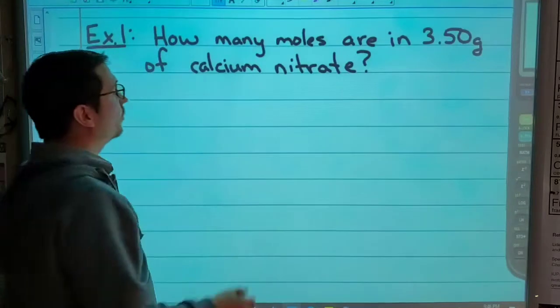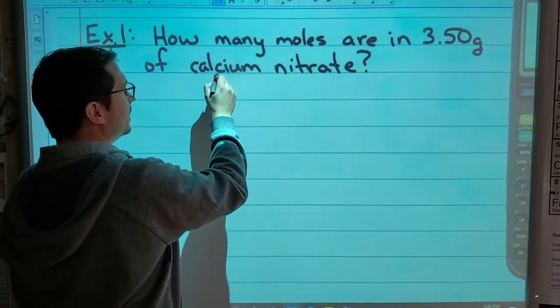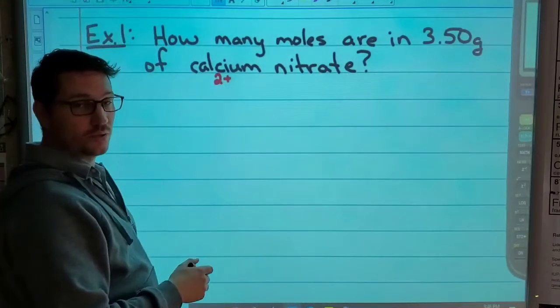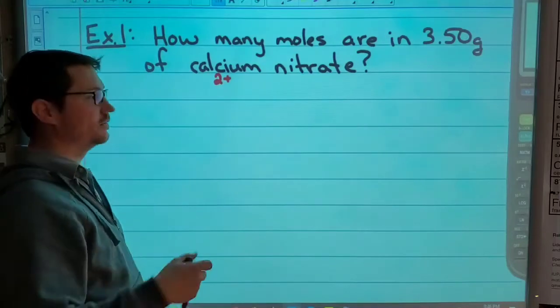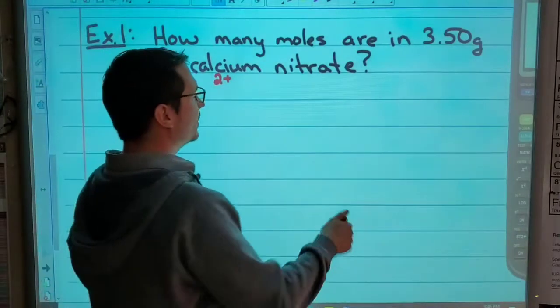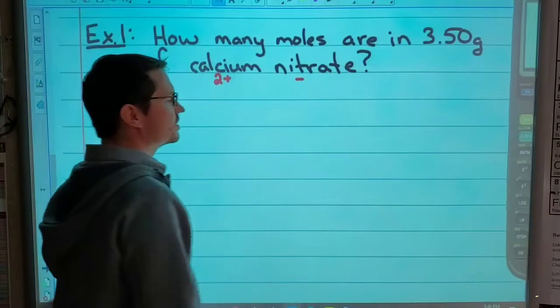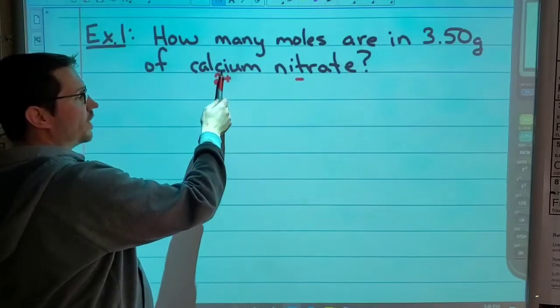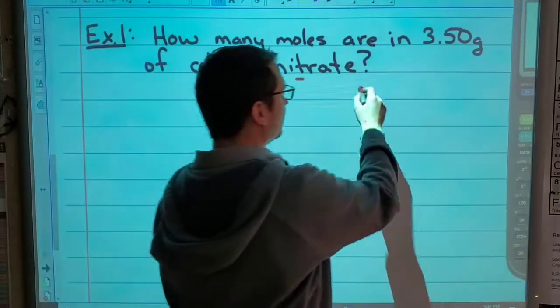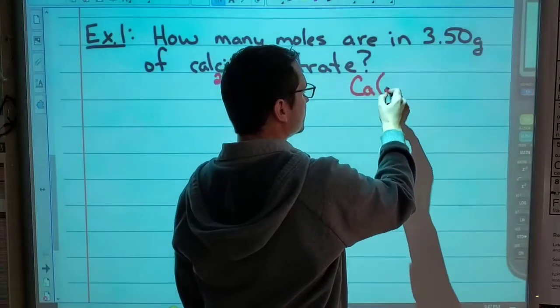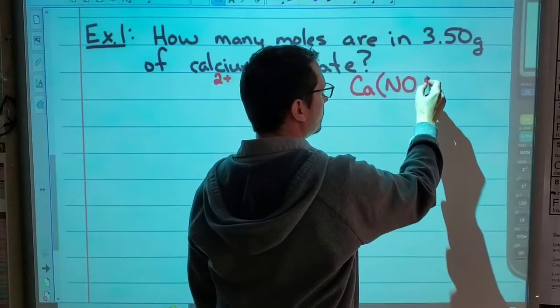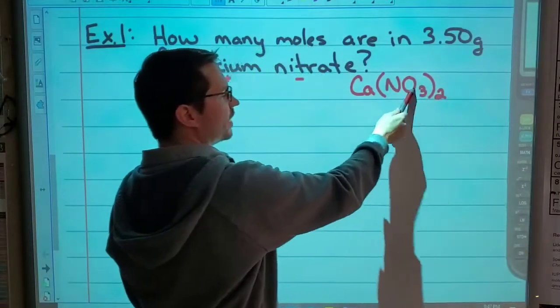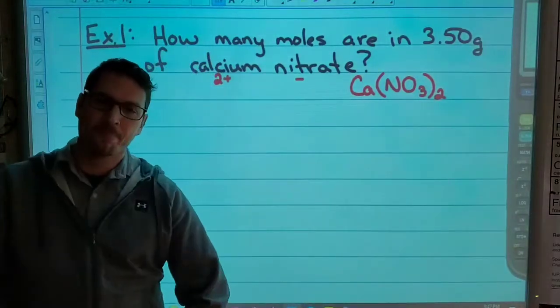So we got to figure out the formula. Calcium is 2+. When you look at your data booklet, and when we talked about yesterday, nitrates being 1-, we need 2 nitrates and 1 calcium. So the formula for it is calcium nitrate. 2 nitrates for every 1 calcium.